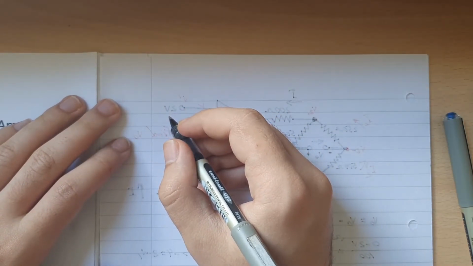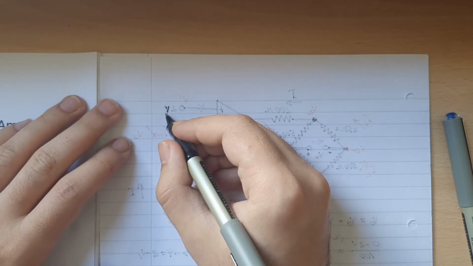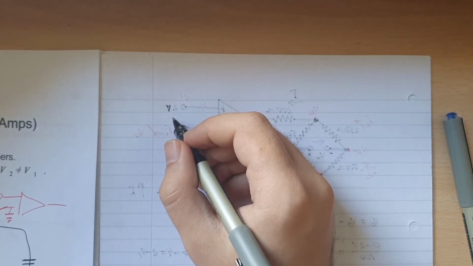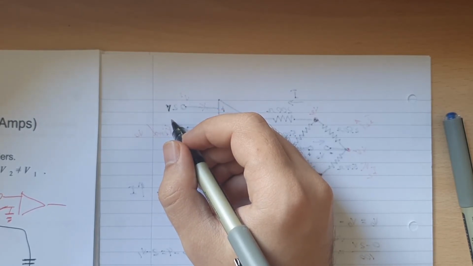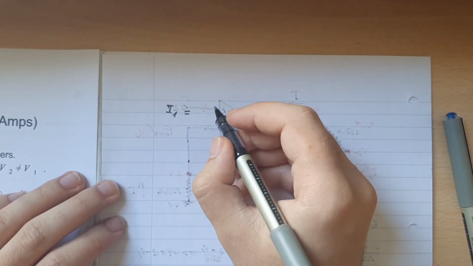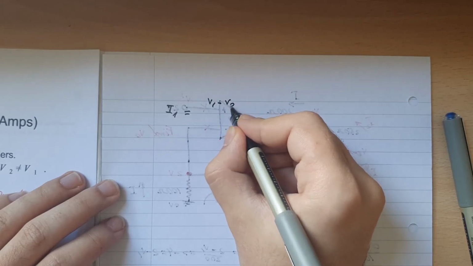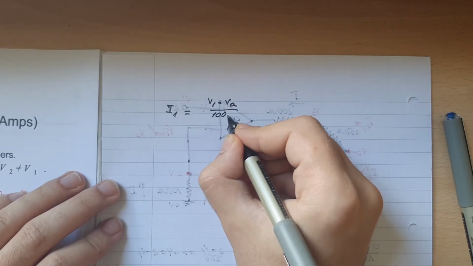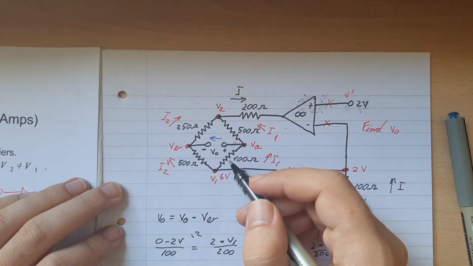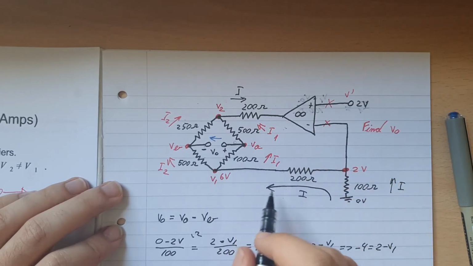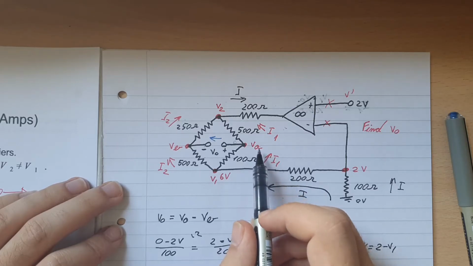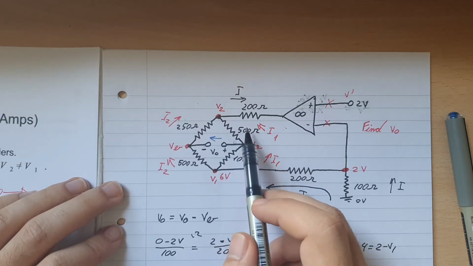Let me see here on my notes. I did two methods to calculate this. I1 is equal to V1 minus VA over 100 ohms. So I applied Kirchhoff's law, another way to calculate, because I1 is coming in through this direction and there's another I1 coming through this direction.